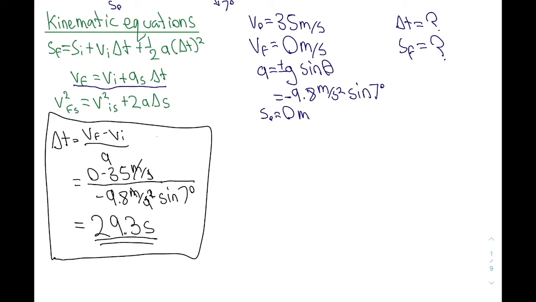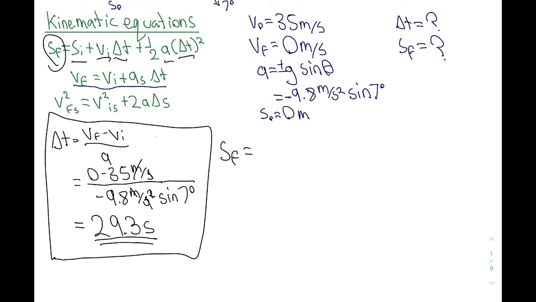We also have to find, now that we have time, if we put it into the first equation, we have V initial, position initial, acceleration, and the only thing that's left is the final position. So we can easily solve for that.